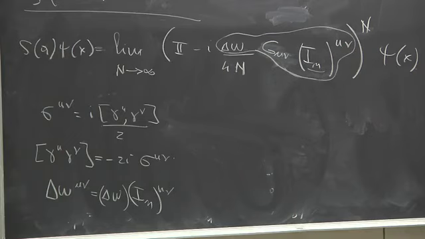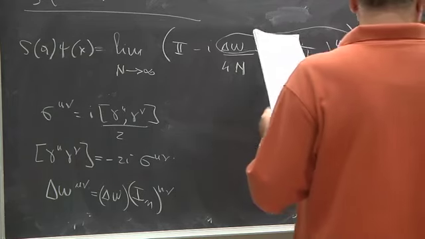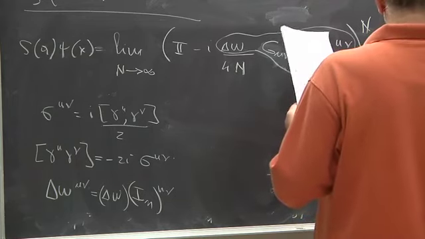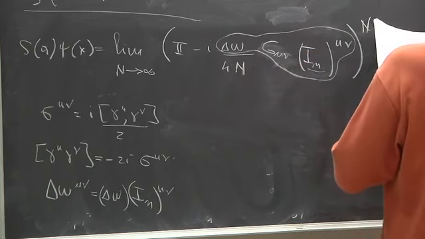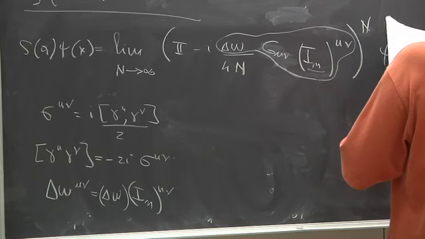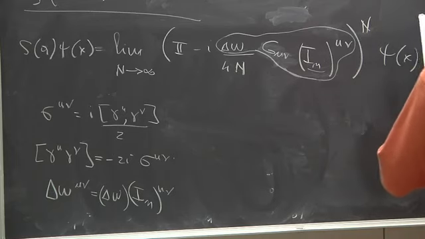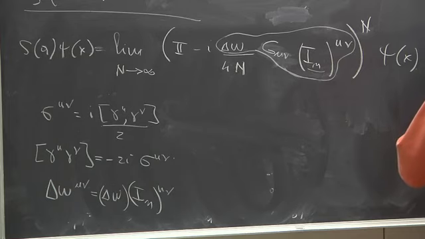So let's, for example, work out this case, in which there is only delta omega 0 1 and delta omega 1 0. So we have, for example, for the boost, exponential of minus i over 4 delta beta, because this becomes delta beta.